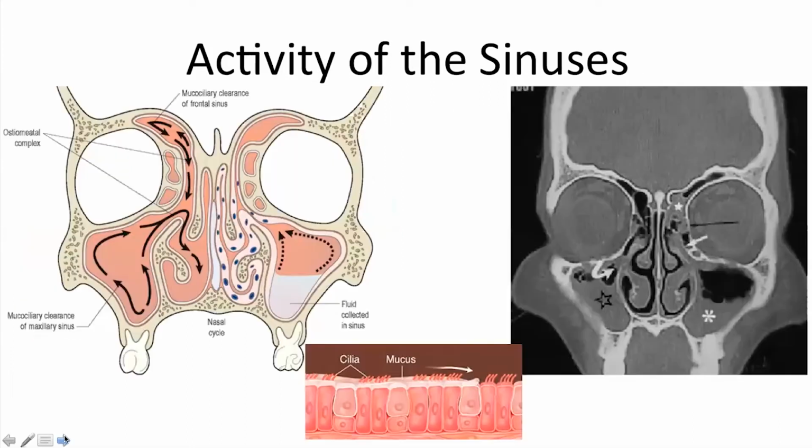All right. Beyond the anatomy, though, these are not just stagnant bones and tissues. There's actual activity that happens in the sinuses. This diagram on the left shows you some of that activity that's constantly happening. Our tissues in the sinuses and in the rest of our airway have these specialized cells that you see on the bottom.